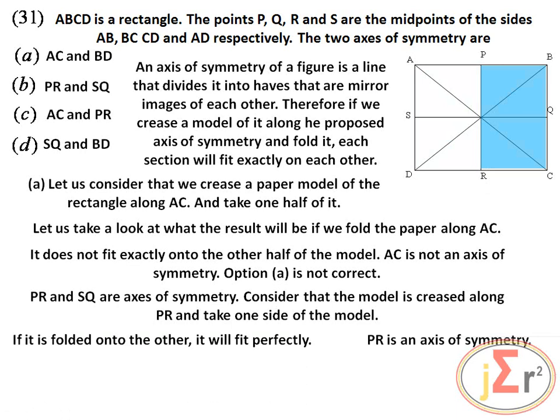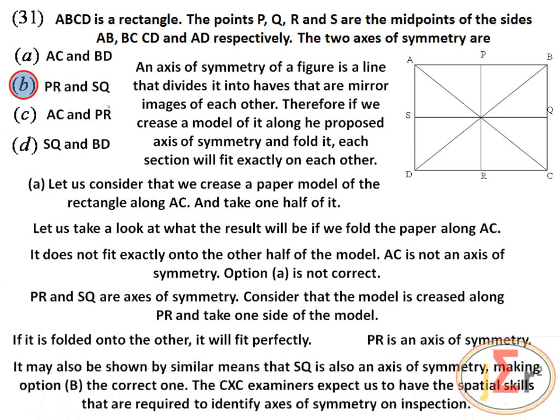Therefore, PR is an axis of symmetry. We are also saying that SQ is an axis of symmetry. It may also be shown by similar means that SQ is also an axis of symmetry, making option B the correct one.